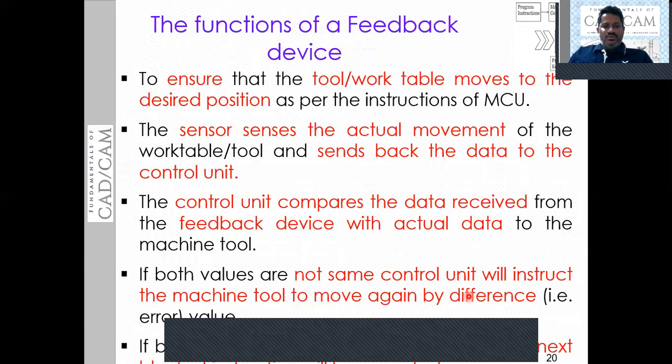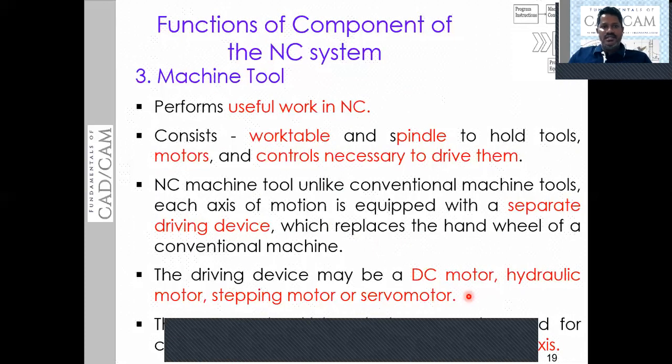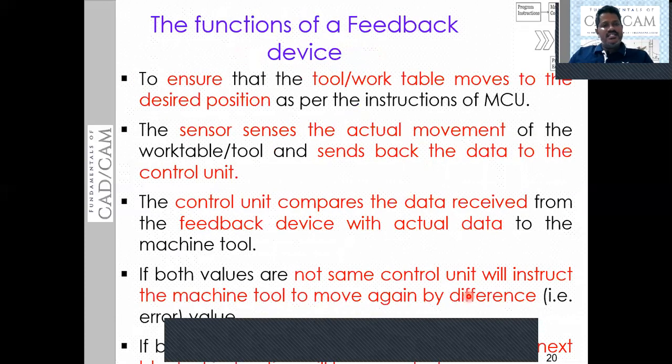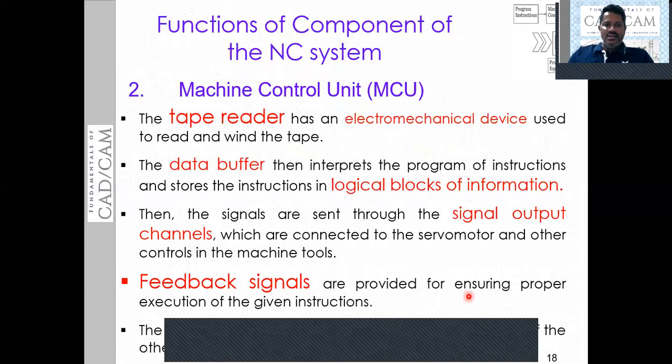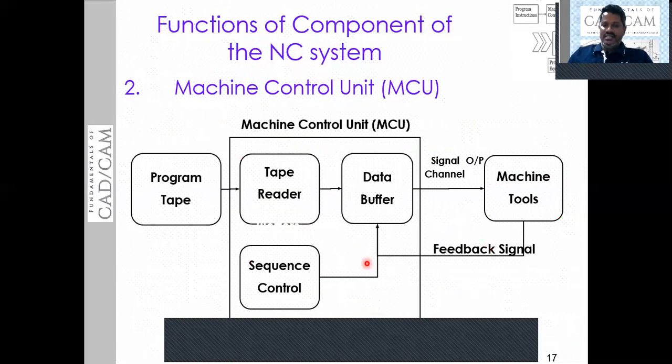As of now, these are the functions of the components of the NC system, in which we have discussed the NC machine tool. But now let us see the functions of the feedback device. As we have seen, we have a feedback signal here. If there is any error, the machine is going to send the feedback signal to the data buffer to rectify the errors.